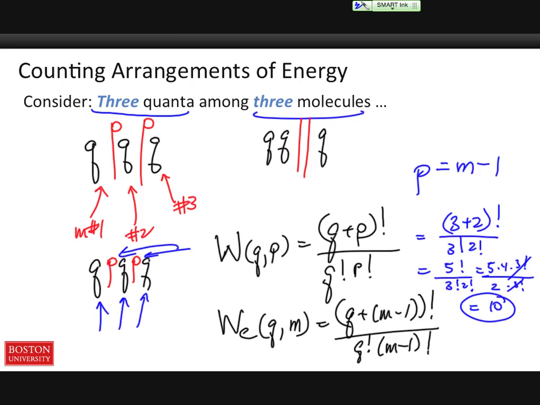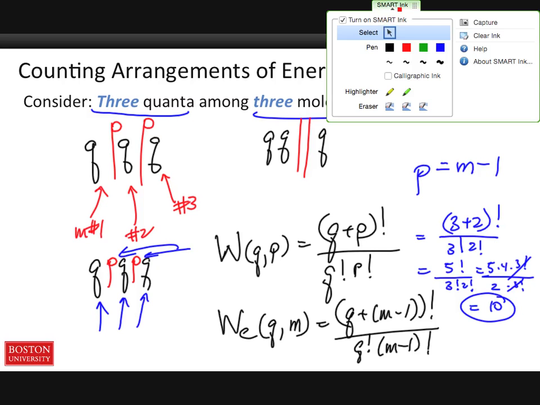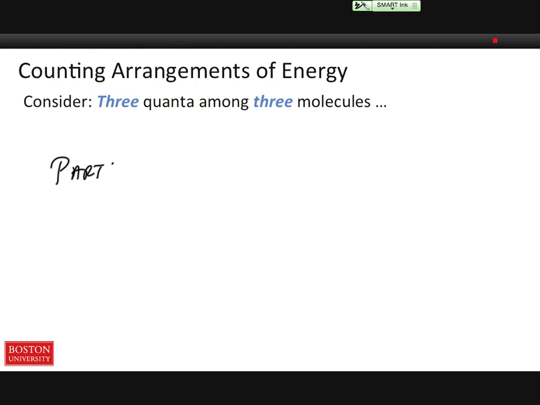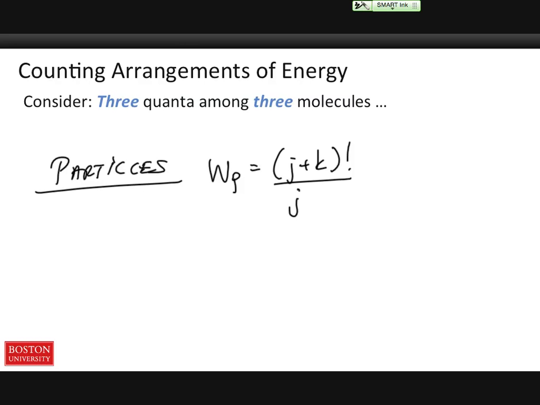And hopefully you'll be able to apply this to all of your problems moving forward. So just to review, if we're counting particles in a lattice, or just particles at all, the ways of counting particles is j objects plus k objects factorial over the degeneracies for j times the degeneracies for k.